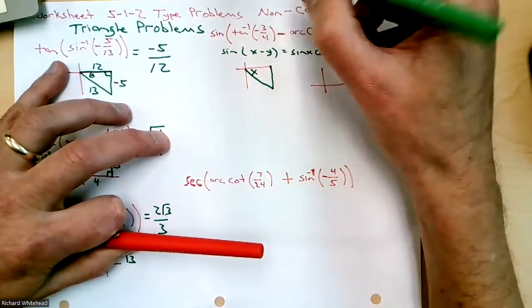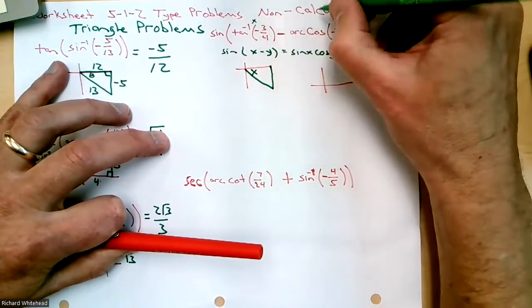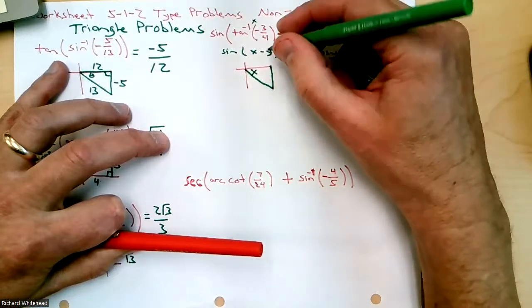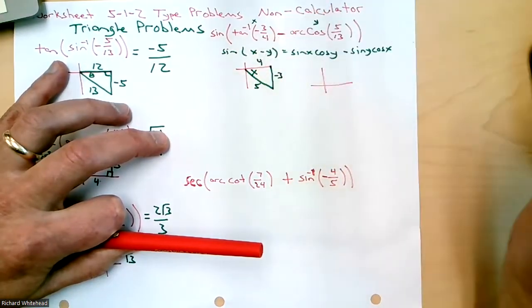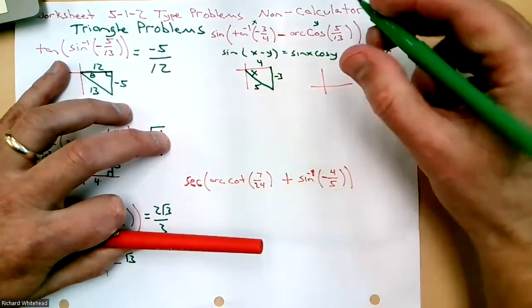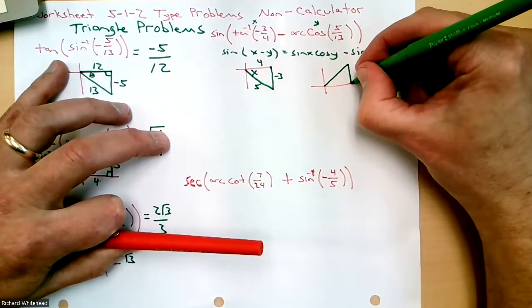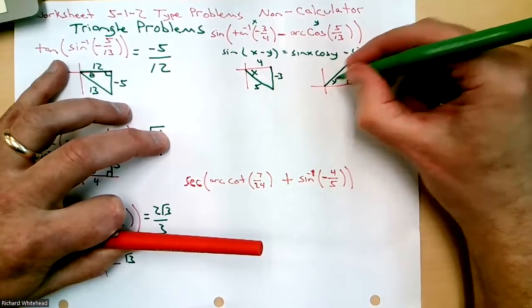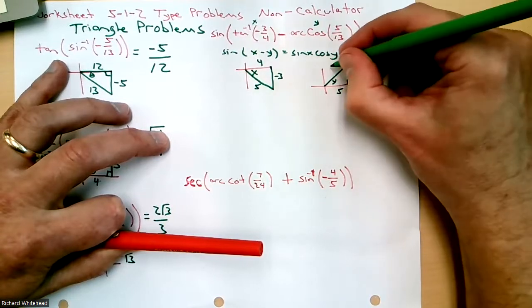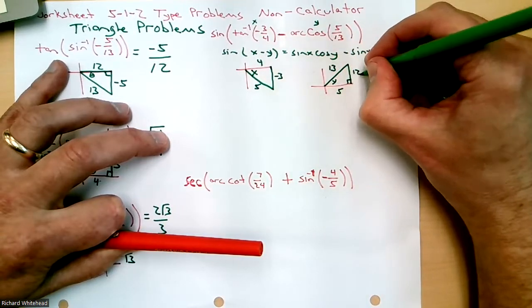It didn't have a letter there, so I'm just going to call the first one x and the second one y. Tangent, that'd be -3, 4, so the missing side is 5. Inverse cosine is positive, and positive is easy because it always makes first quadrant. So that's going to be 5, 13, 12.